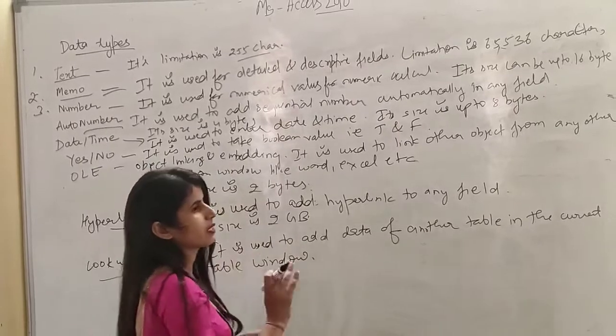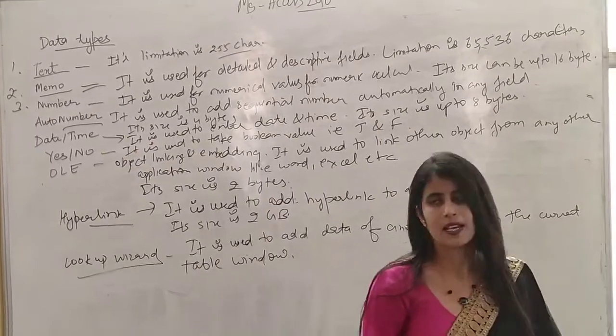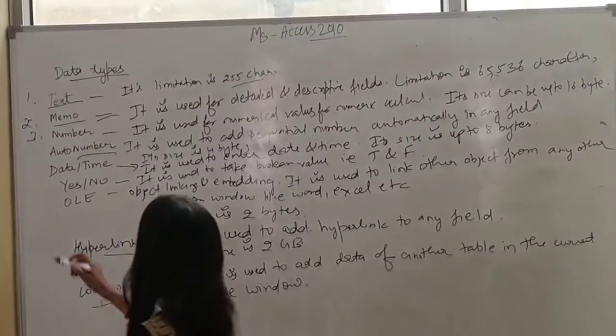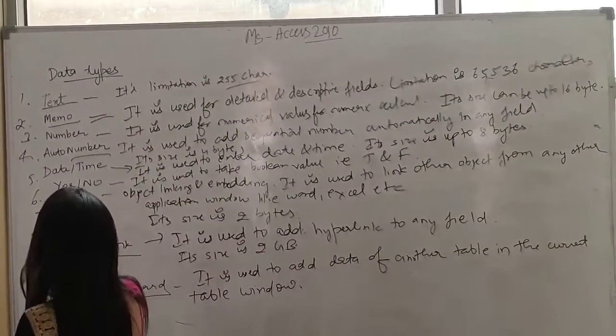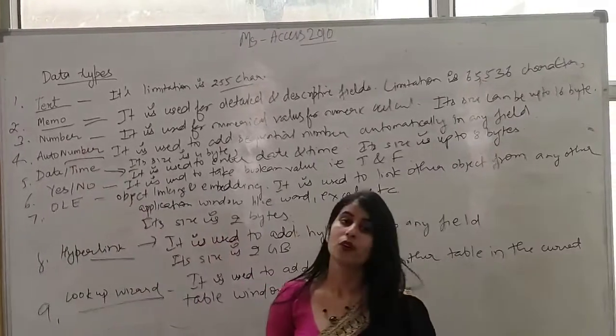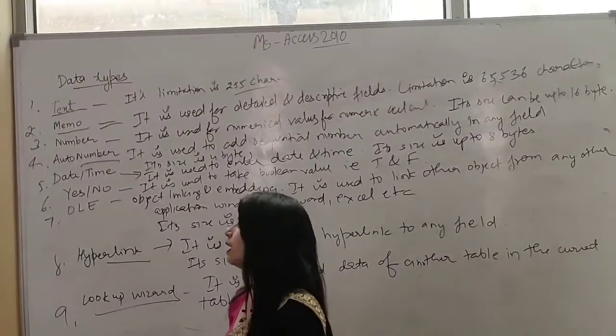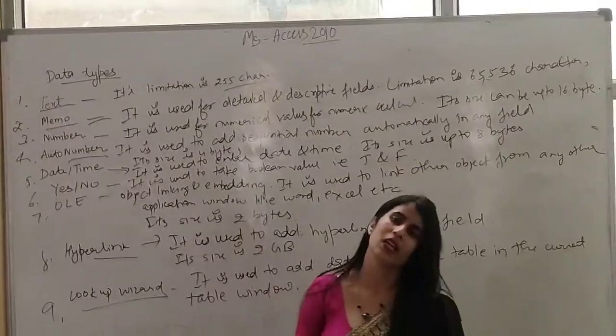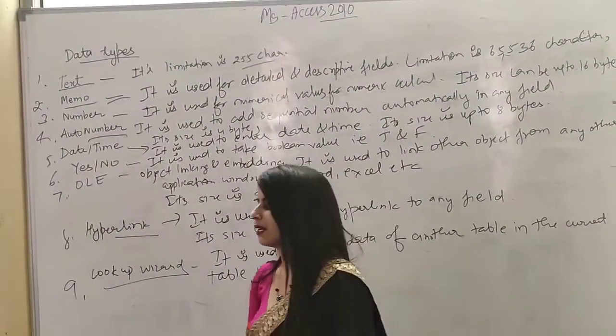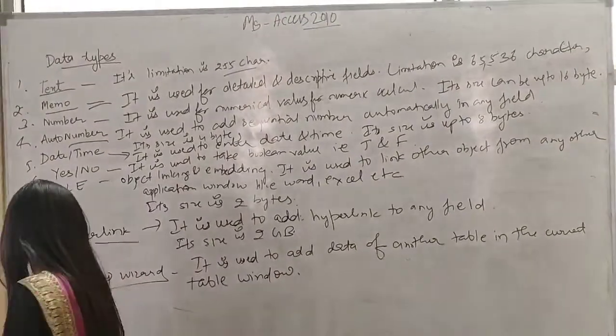Okay, so these were the data types of MS Access. Total are 9. Text, memo, number, auto number, date time, yes no, OLE, hyperlink and lookup wizards. These are the data types in MS Access window.